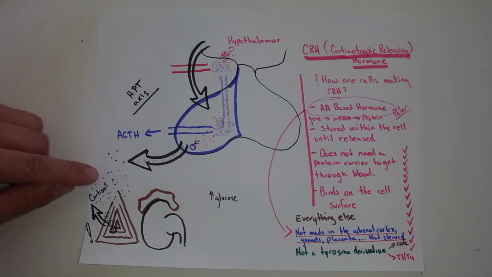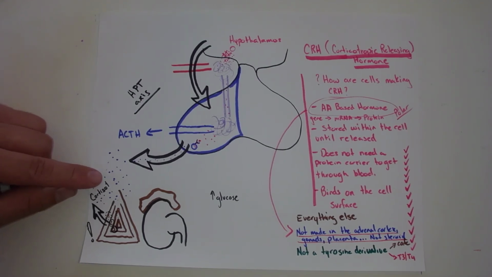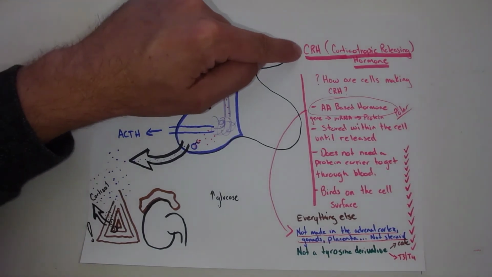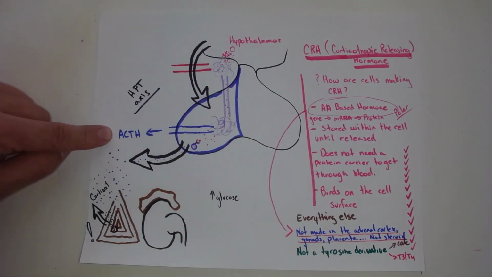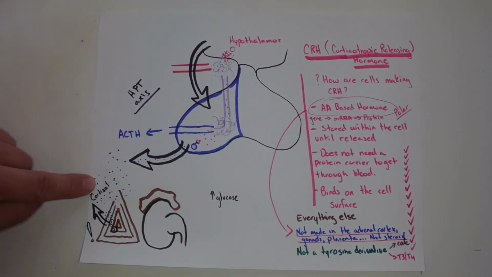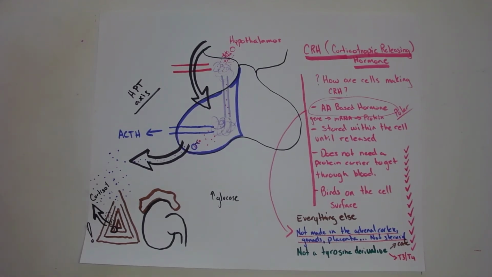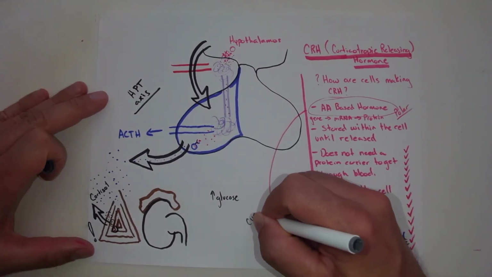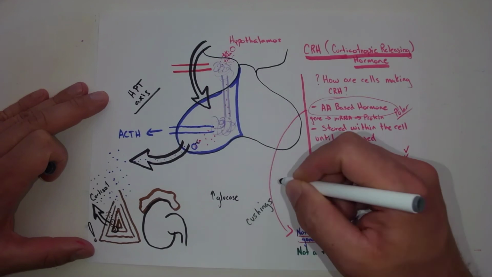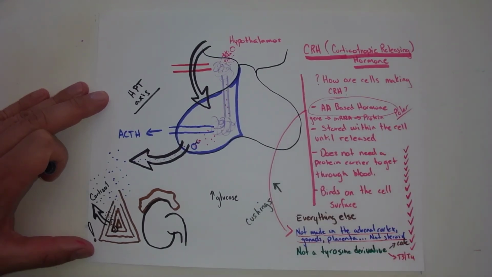Hypersecretion of cortisol is Cushing's disease. Hypersecretion of CRH or hypersecretion of ACTH or hypersecretion of cortisol is Cushing's disease. Too much.